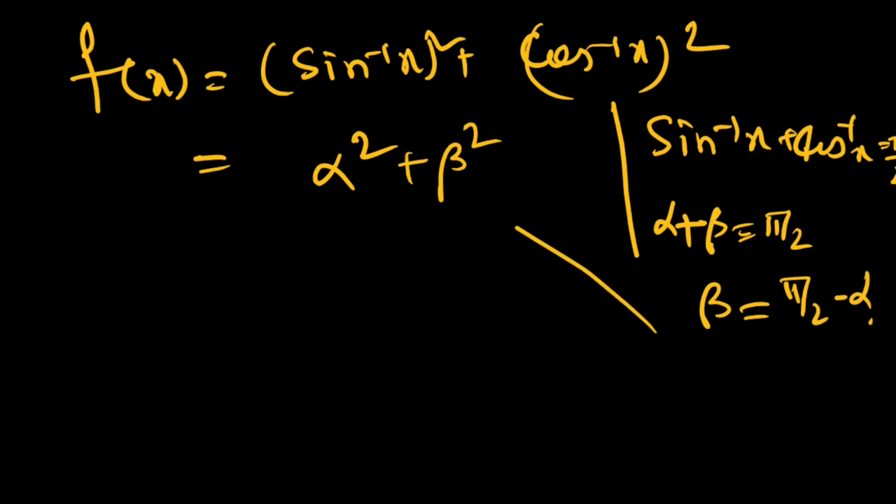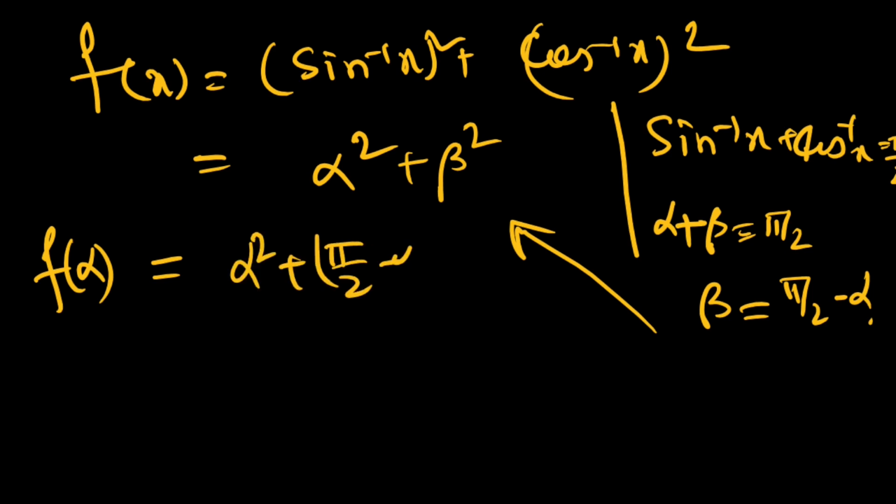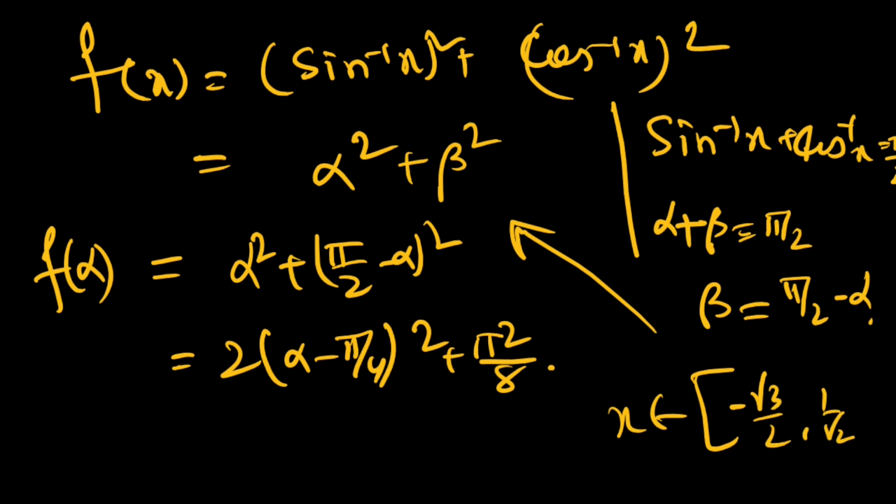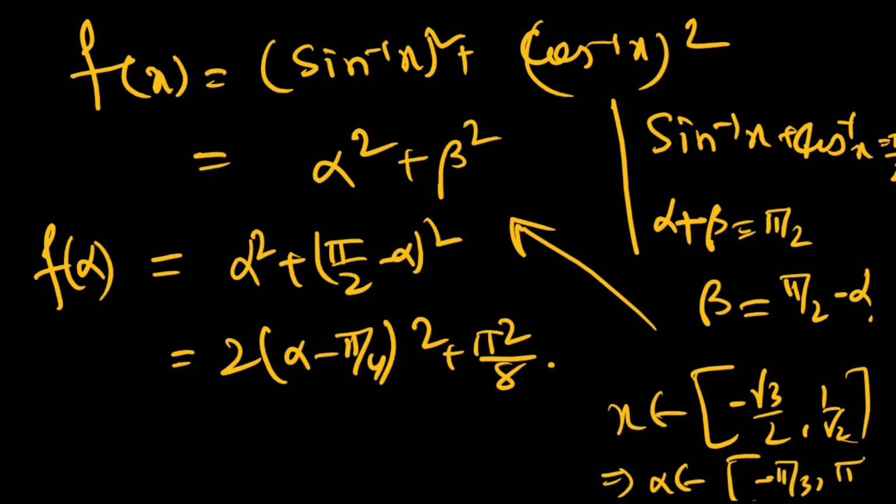So this is reduced to a function of alpha, alpha square plus (pi by 2 minus alpha) square, and we got this value 2 times (alpha minus pi by 4) whole square plus pi square by 8. Given that x belongs to minus root 3 by 2 to 1 over root 2, we get our alpha value belongs to minus pi by 3 to pi by 4.